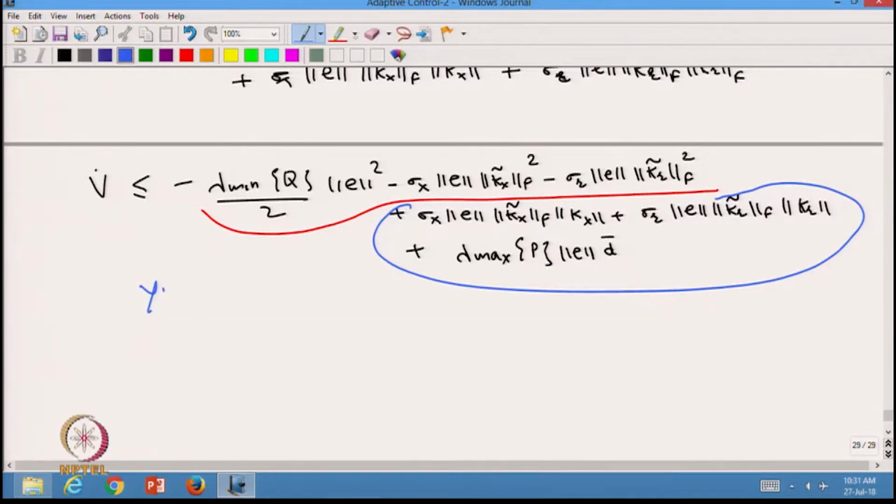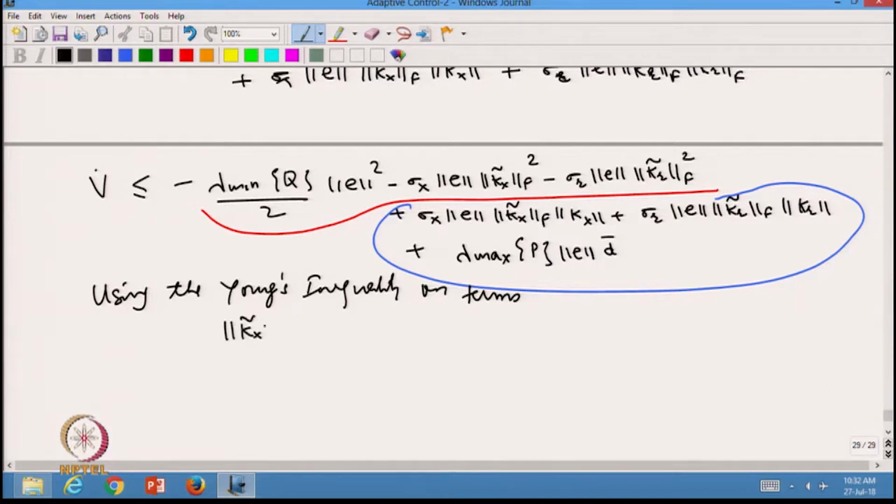So using Young's inequality on terms like this one, we say that this is less than or equal to norm of kx tilde by 2 plus norm of kx.